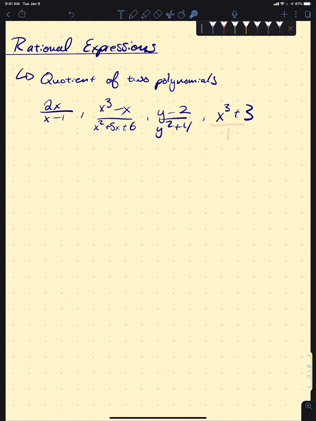right? And the first thing that we need to talk about the moment we start dividing by things like this is a concept called the domain. And the domain is something that we will come back to time and time again over this quarter.